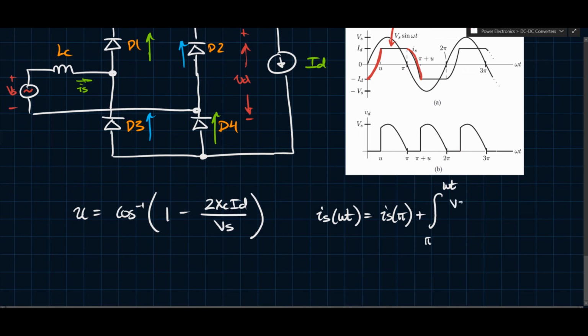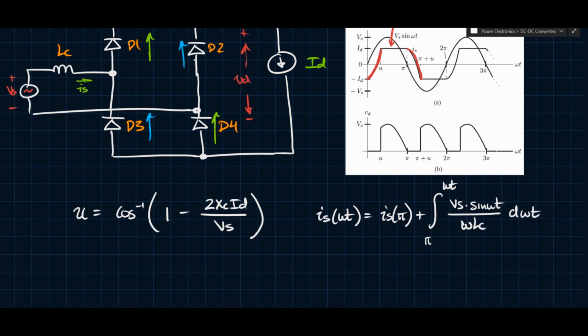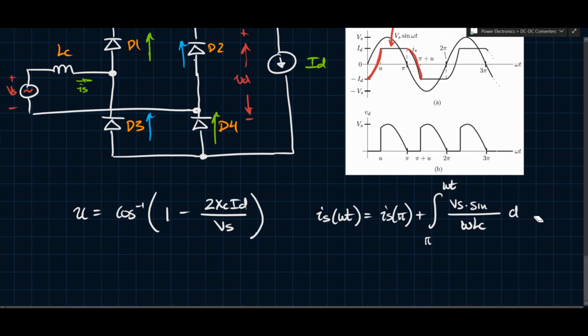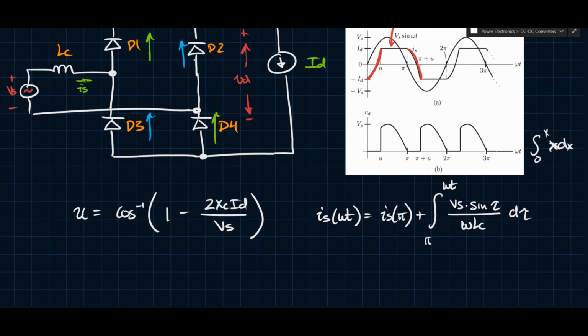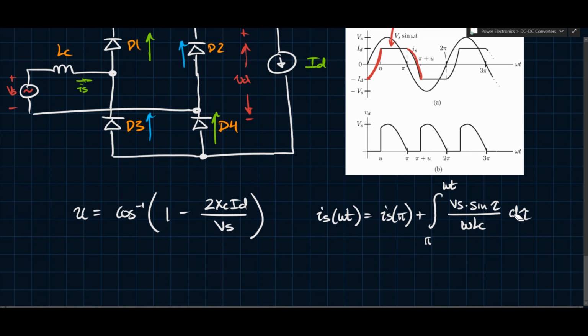This will be Vs sine omega t divided by the reactance of the inductor, which will be omega Lc, and this will be d omega t. Technically, it's mathematically incorrect to integrate that way, so we'll have to use tau as a placeholder, because you can't integrate from 0 to x of x dx, right? That doesn't make sense. So to avoid that, we use tau.